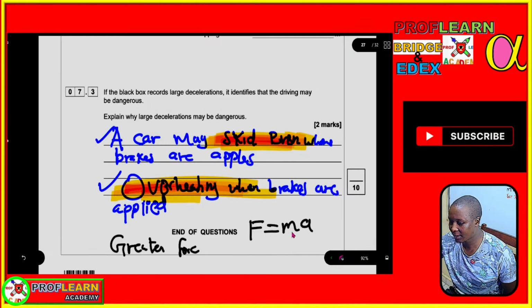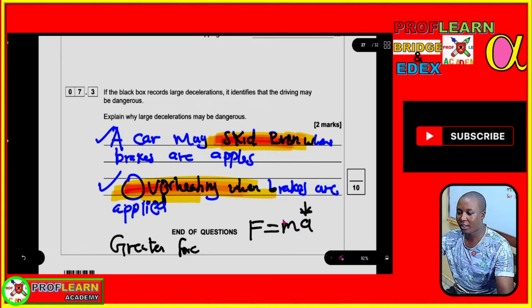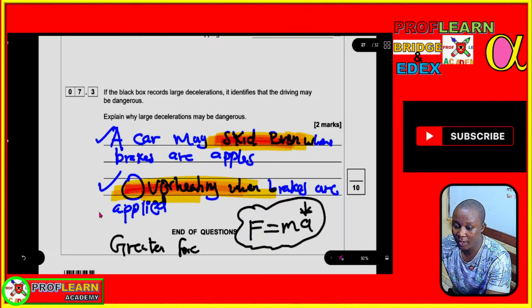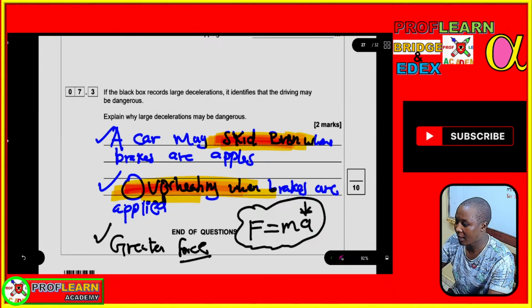Mass times acceleration. So even if it's a deceleration, there will be a greater force exerted on even the car occupants, because it will be decelerating at a very large rate. So greater force, which can lead to injury. So these are different aspects that we're going to mention at that given point.